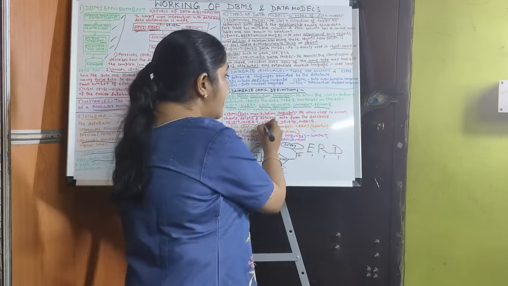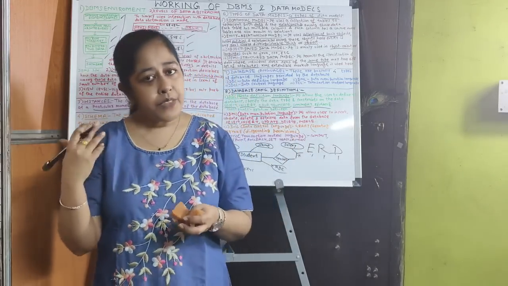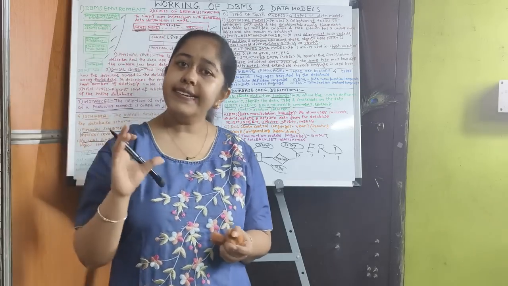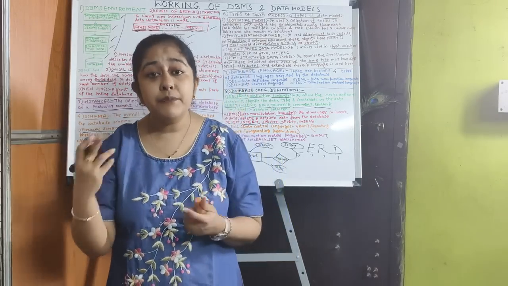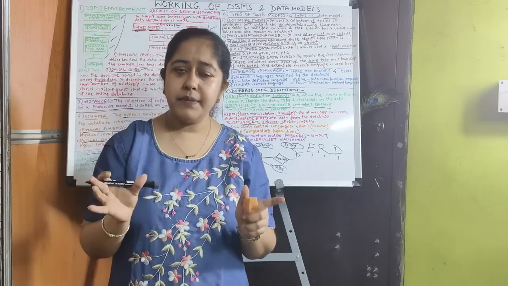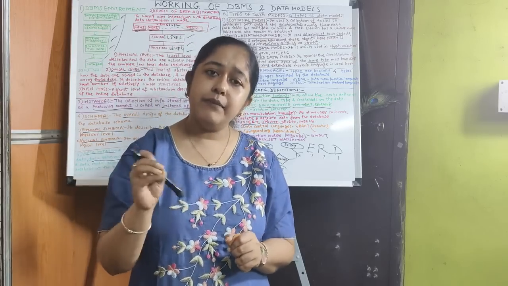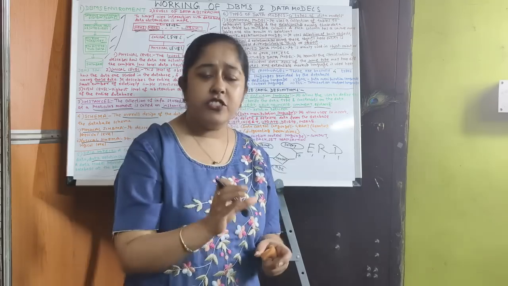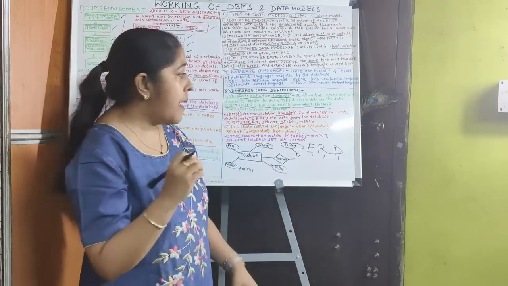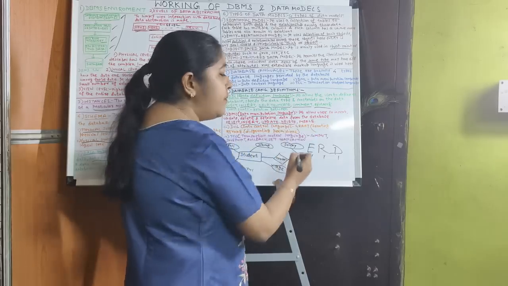And updation, each and every time when you are doing any kind of updation, that is also one type of manipulation. Since you are manipulating the data present in your database, the administrator can easily manipulate that data. That is the updation. Again delete.